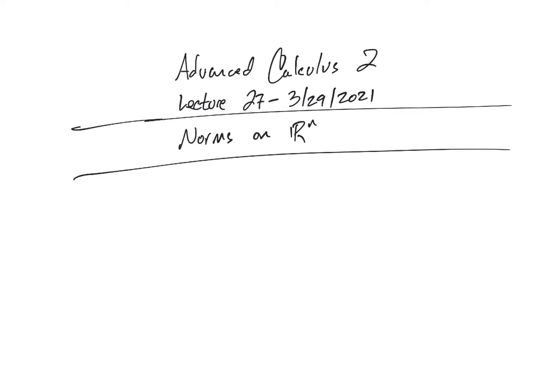Lecture 27. So we just did a lecture on how if you've got a norm, that gives you a metric, and if you've got an inner product, that gives you a norm. The way we get a metric from a norm is we just apply the norm to the difference between the two points.